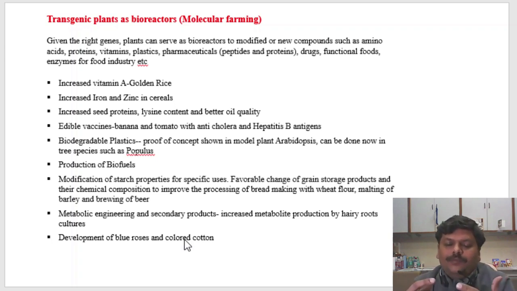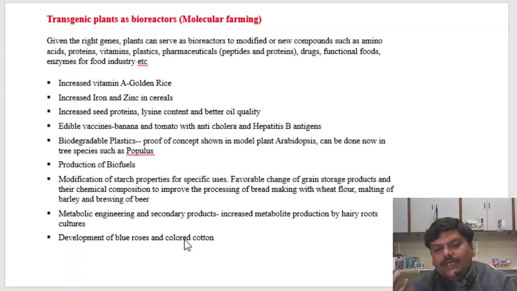So if we can produce some colored cottons, even if they are in some basic colors, say for example red, blue, orange or yellow, then a lot of these harmful dyes can be saved from being used in coloring cotton fibers. In our countries also some agriculture universities are making efforts.